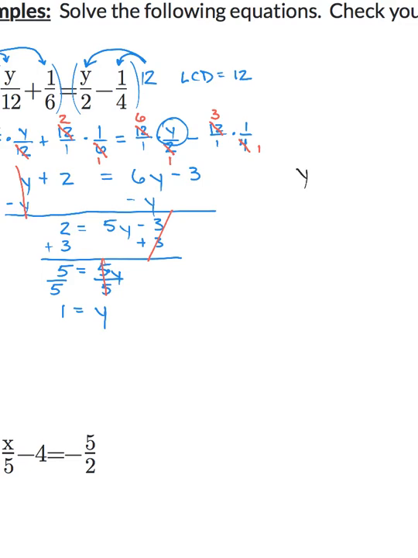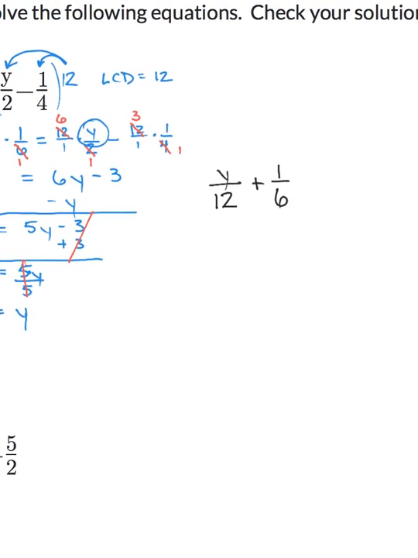So let's go ahead and write out our problem again. We have y over 12 plus 1 over 6 equals y over 2 minus 1/4.